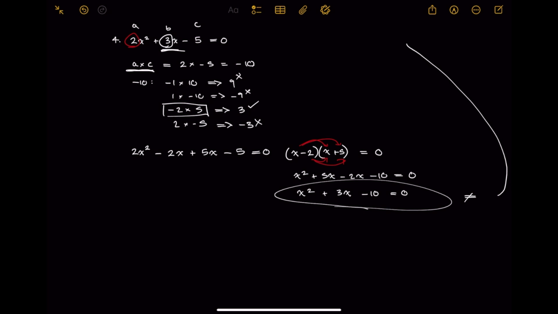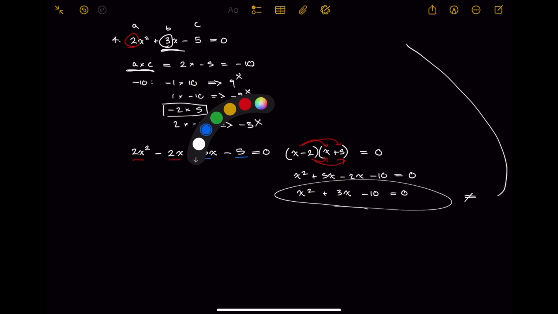But that in fact isn't really the case, because if we look over here, we can see that there is a common factor of 2x within those two terms, and a common factor of 5 within these two terms.